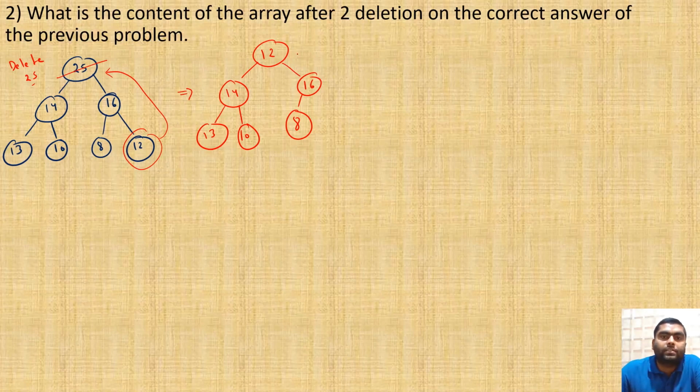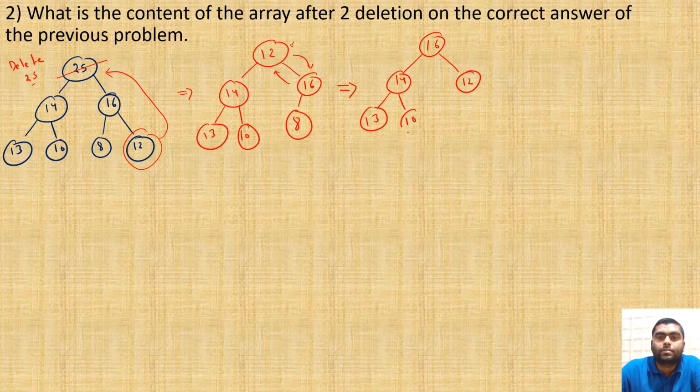It is not a max heap, so just interchange this and this will go there. So the resultant will be 16 at the root node, then 14 and 12, left is 13 and 10, and right is 8.